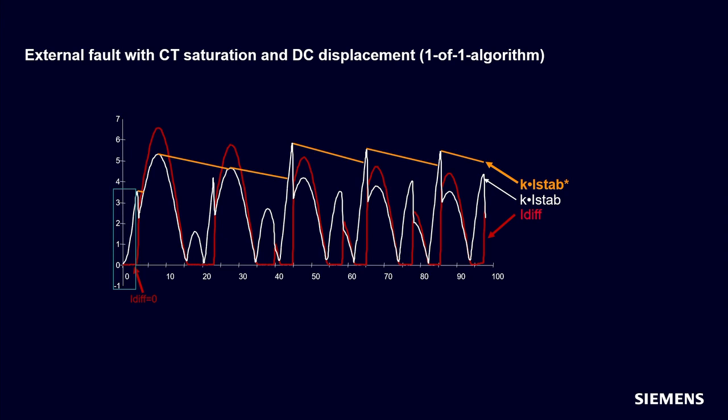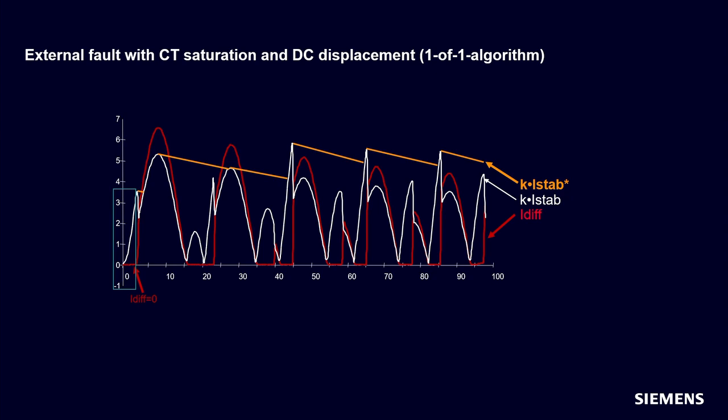And now if you remember back to the coordination of our algorithms, what happens? We have fulfilled criterion C. We have this high jump of the stabilization current. We do not know if it is an internal or external fault. But if we look at the very same moment whether we are in the tripping area, whether criteria A and B are fulfilled or not, we can say now it's an external fault, because we have the jump of the stabilization current, but we are not in the tripping area as the differential current is 0.